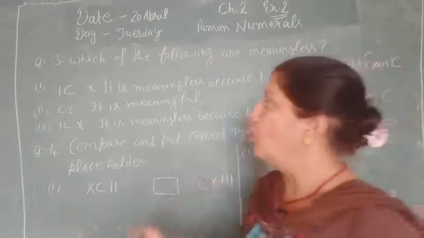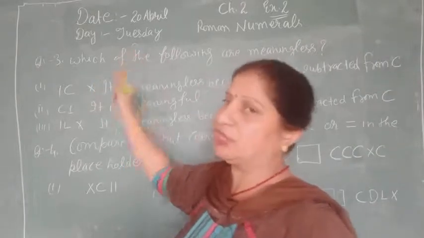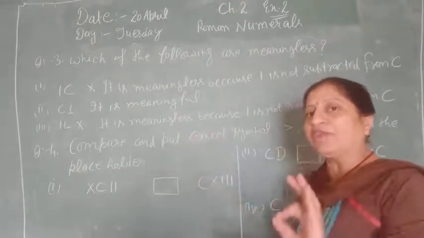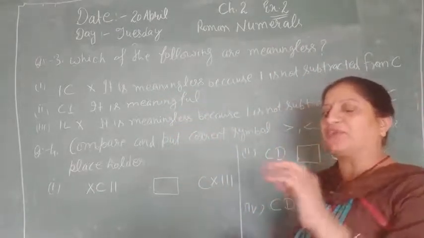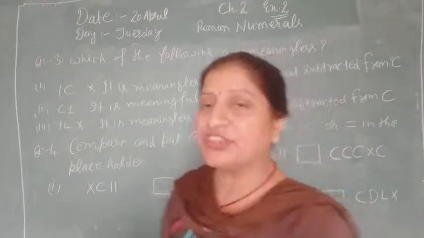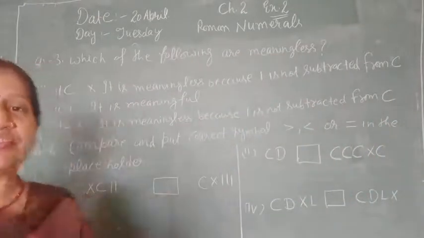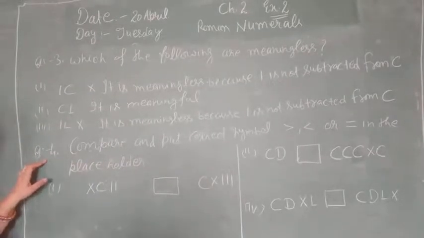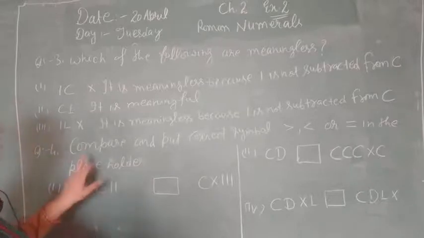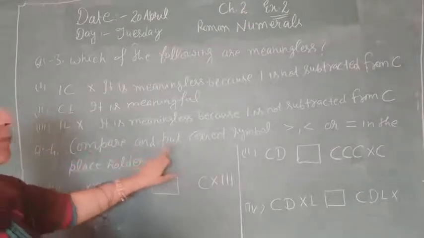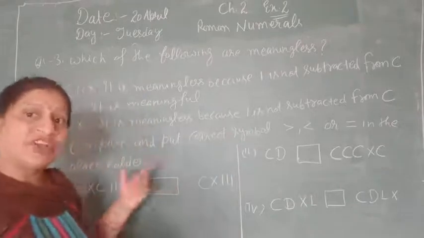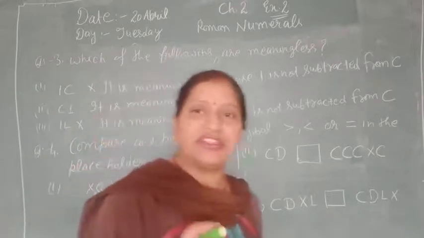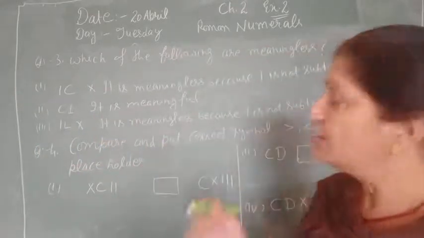Now you have to do all the parts of question number 3 yourself by applying the rules and identify which number is subtracted, which number is not subtracted, which number is added and which is not added. So let us start question number 4, and in this question it is given to compare and put the correct symbol. First of all you have to compare the numbers, that is, which number is greater and which number is smaller.